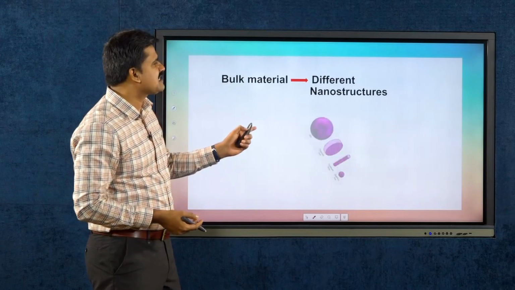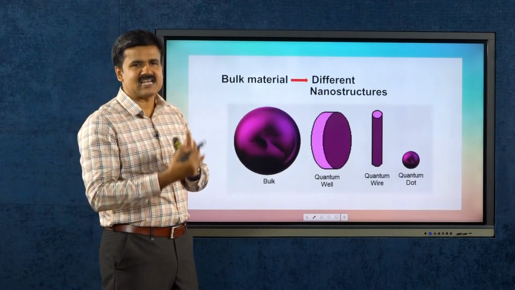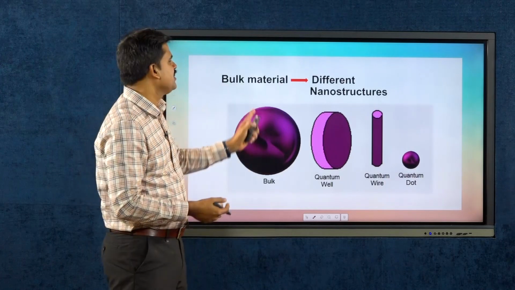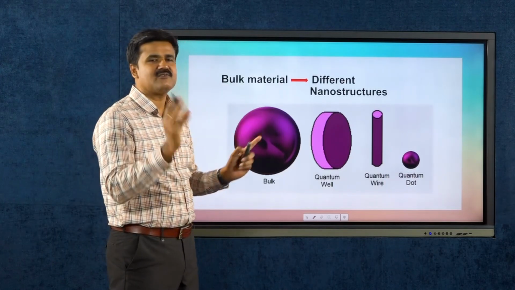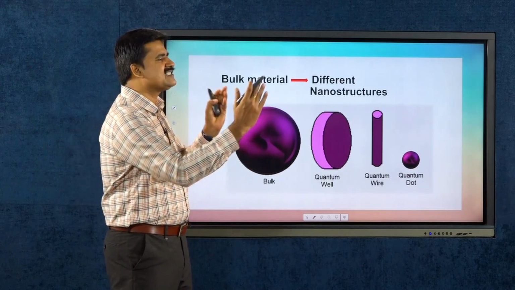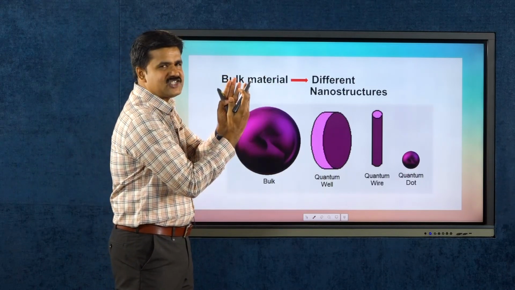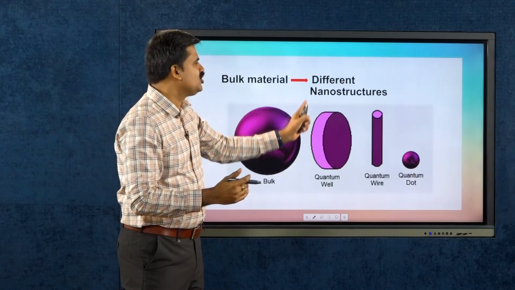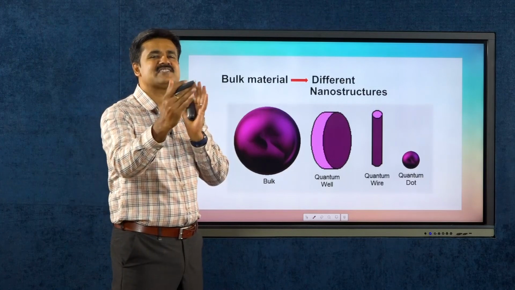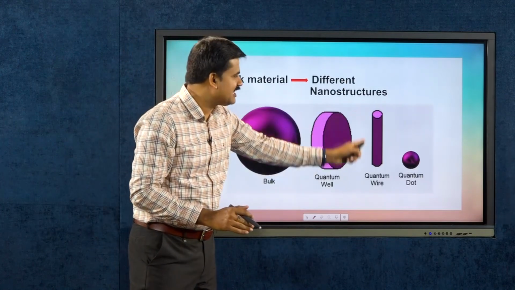Now, for this conversion, if you are taking a spherical shaped particle, again this depicts the transformation. This is a very big sphere like a football, volleyball, etc. It is a bulk material. If it is pressed in one dimension, you will get a two-dimensional nanomaterial, that is a quantum well. If you press in two directions, you will get a quantum wire.